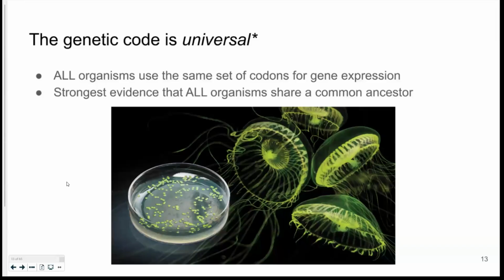Because we all use the same secret code, that tells us that all organisms had a common ancestor that used the same secret code. If bacteria and jellyfish and pine trees used different codes, with different codons for different amino acids, we might say maybe these guys originated from different places, but we all use the same genetic code.